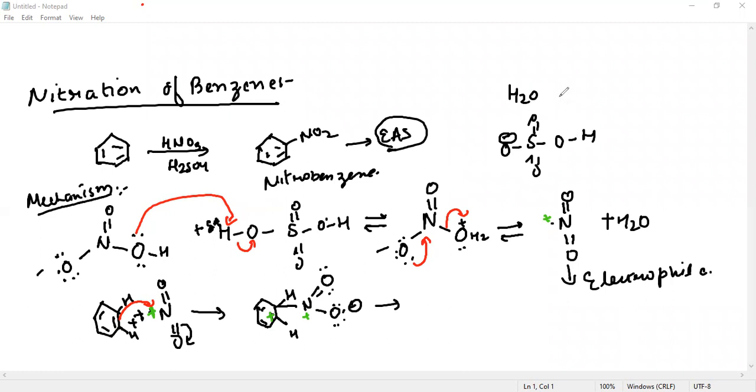Now you can go ahead and use this one or use this one. The choice is yours. I will just write B here because they're acting as a base. They both have lone pairs of electrons here. This oxygen has a lone pair of electrons. You can draw the full structure also. Let's draw it in full like this.